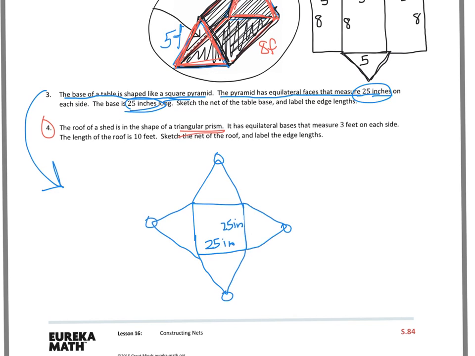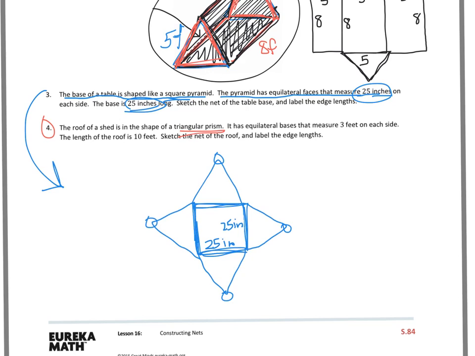So if this were a triangular pyramid instead of a square pyramid, there'd be 3 triangles that are going to meet. So the first word of the pyramid, meaning square, means there has to be 4 sides, because a square has 4 sides, meaning there's going to be 4 triangles that will all meet at that vertex.